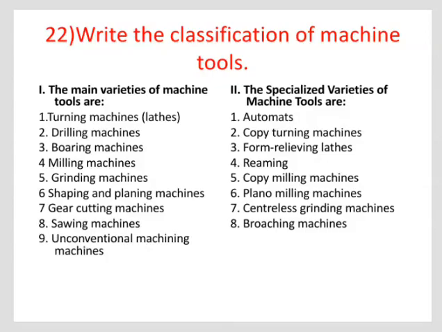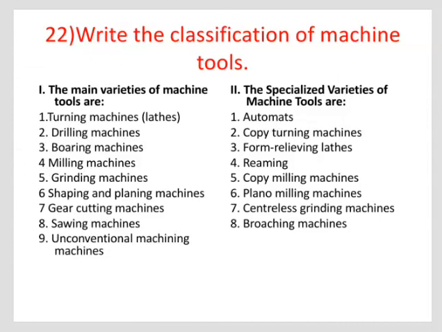The next question is, write the classification of machine tools. Here there are two different varieties of machine tools, main varieties and specialized varieties. First one, the main varieties of machine tools are turning machines, lathes. Turning is carried on the lathe machines, drilling machines, punching machines, milling, grinding machines, shaping and planing machines, gear cutting machines, sawing machines, unconventional machining machines.